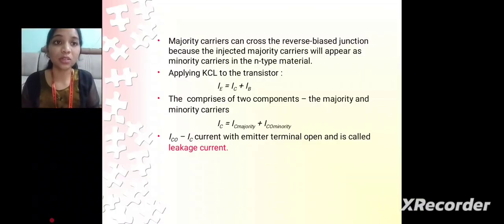Applying KCL to the transistor, IE equals IC plus IB. IC comprises two components, the majority and minority carriers: IC equals IC majority plus IC minority. ICO is the IC current with the emitter terminal open and is called the leakage current.